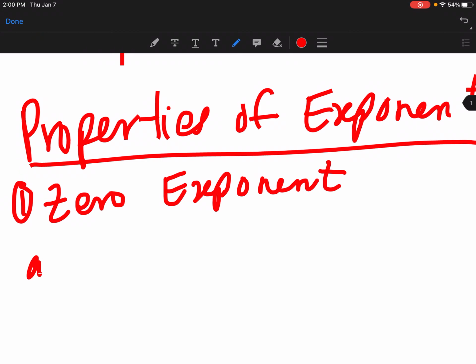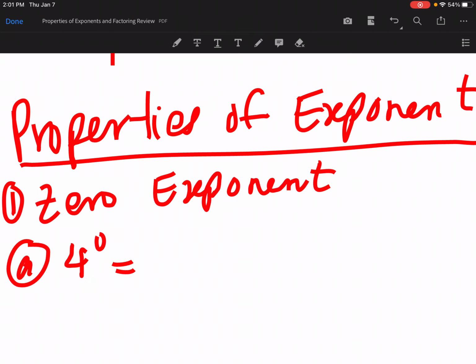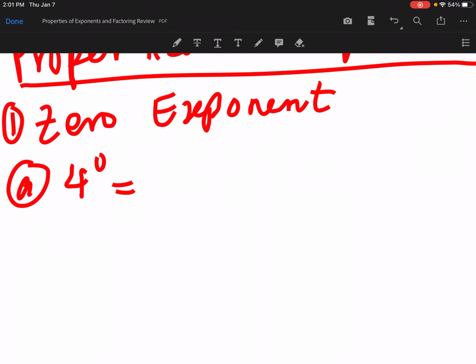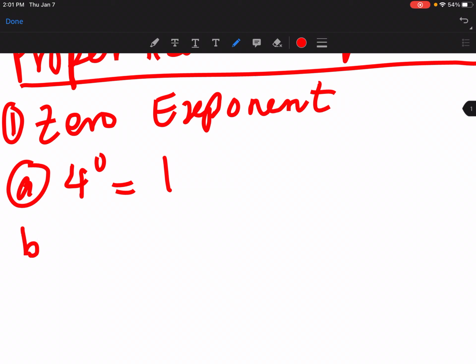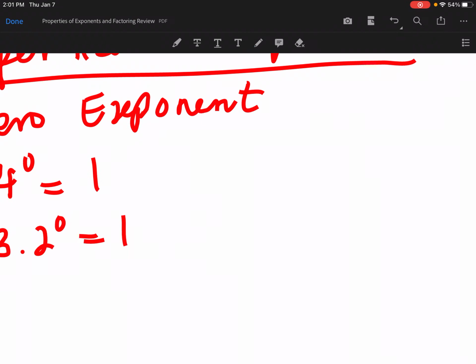Say if I have 4 to the 0, we know that anything raised to the 0 power is 1. So whether it is, say, 3.2 to the 0, it's still going to be 1. So anything raised to a 0 equals 1.